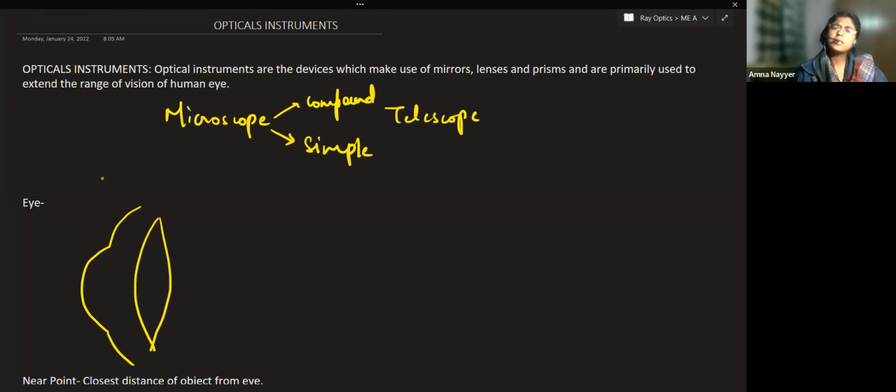Cornea is there, sclera layer is there, choroid membrane is there, so many layers, I think 3 layers of the eye. Then this is the lens through which refraction occurs, between which you have aqueous humor. This chamber is known as the aqueous chamber. Then after the aqueous chamber, you have the retina behind, where the image ultimately forms. This is known as the vitreous chamber, which is filled with vitreous humor.